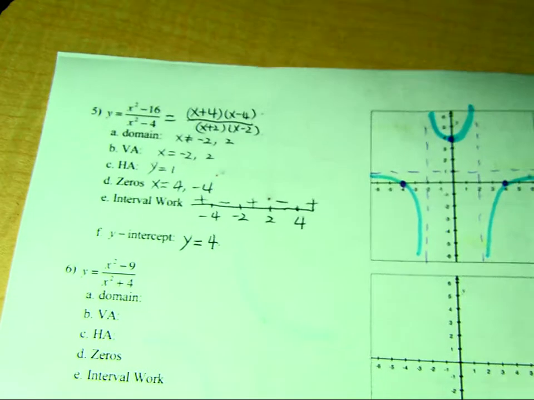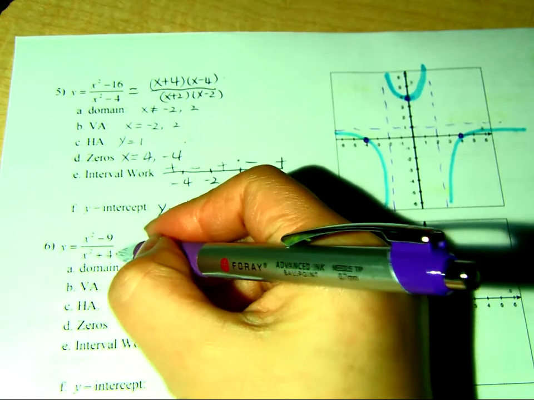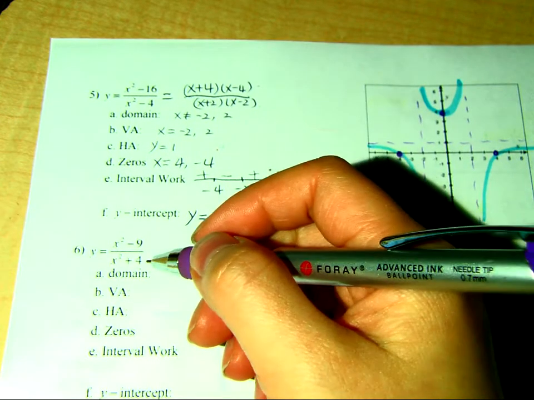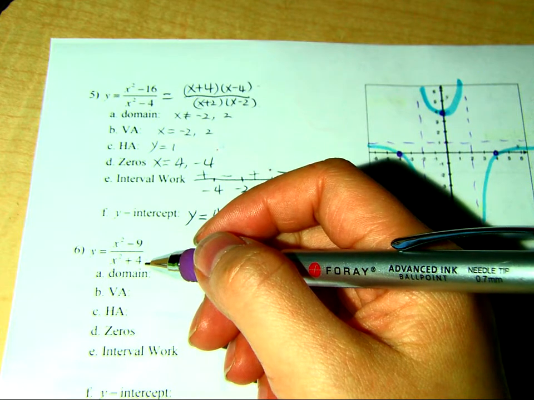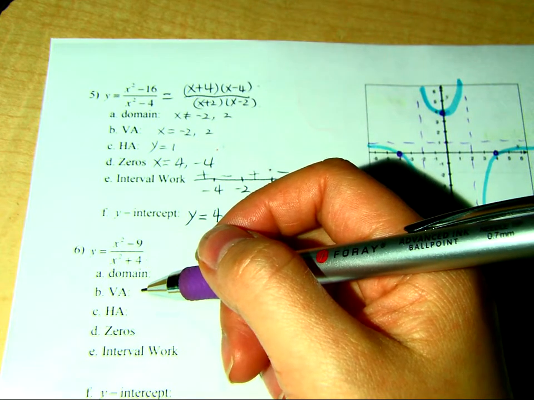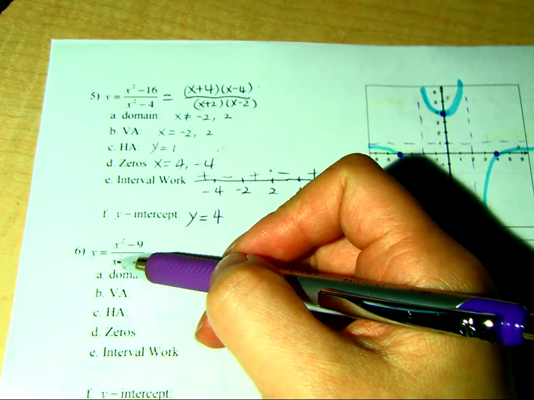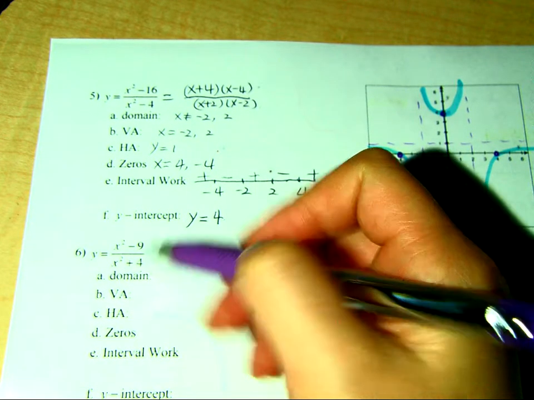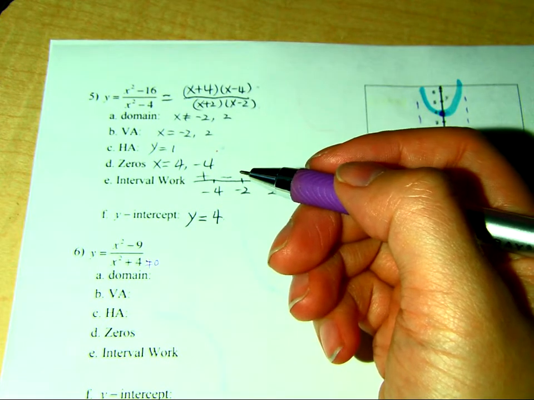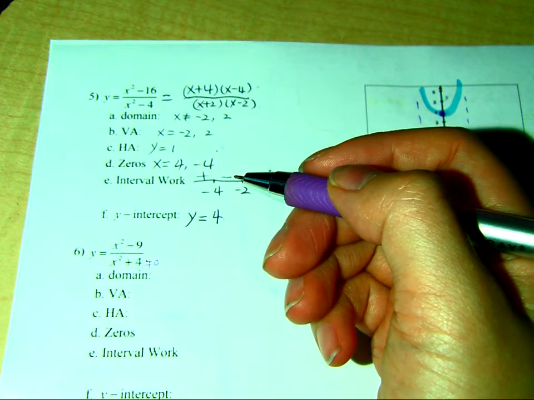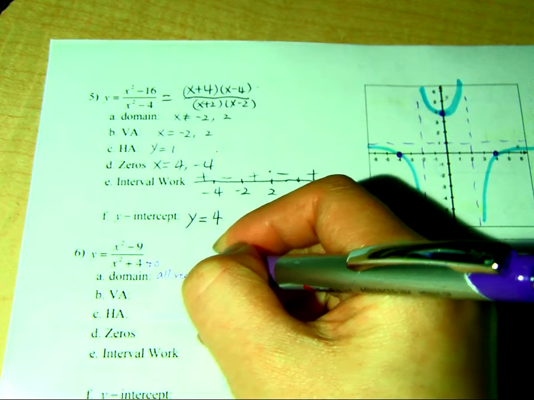Okay, look at number 6. Domain. We solve domain because we don't want to divide by 0. That's why we need to make sure the denominator is not equal to 0. Okay, but look at this question. X squared is positive, plus another 4. You know the denominator is not equal to 0 for sure, no matter what the value of x is. So at this point, the x value doesn't matter anymore. That's why domain will be all real numbers, because x can be any number.